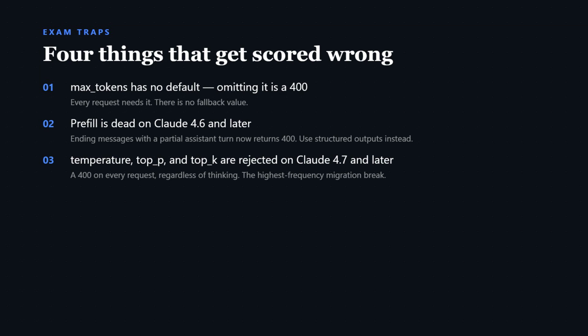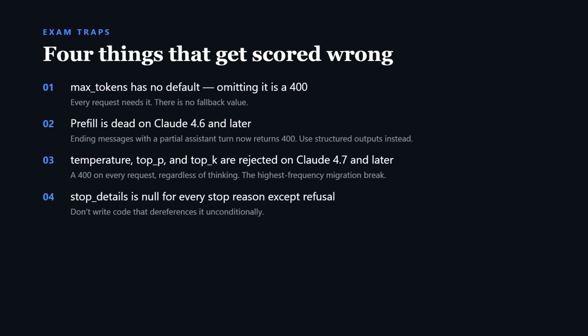Three: temperature, top_p, and top_k are rejected outright on Claude 4.7 and later, on every request, thinking or not, and this is the single highest frequency migration break people hit. Four: stop_details is null for every stop reason except refusal, so don't write code that dereferences it unconditionally.